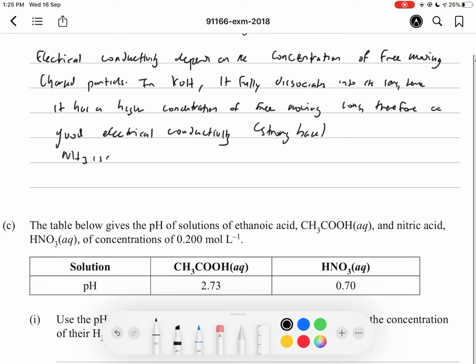And you can say that NH3 is a poor conductor because it undergoes partial dissociation. Sorry, I can't spell. Okay. It undergoes partial dissociation to form its ions.